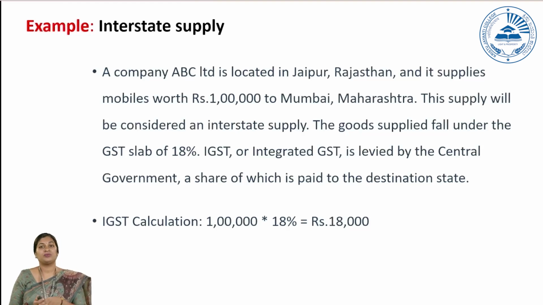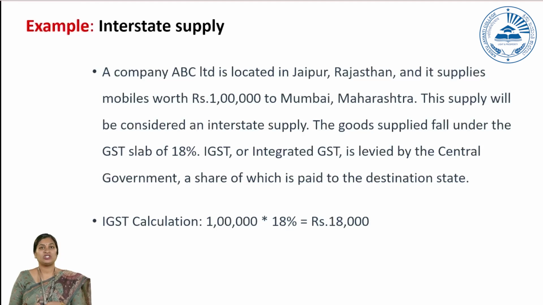This goods supply falls under the GST slab of 18%. So instead of paying SGST and CGST, here we are paying an Integrated GST because of interstate supply. This 18% we are paying entirely to the central government, and later the central government will apportion it to the destination state.